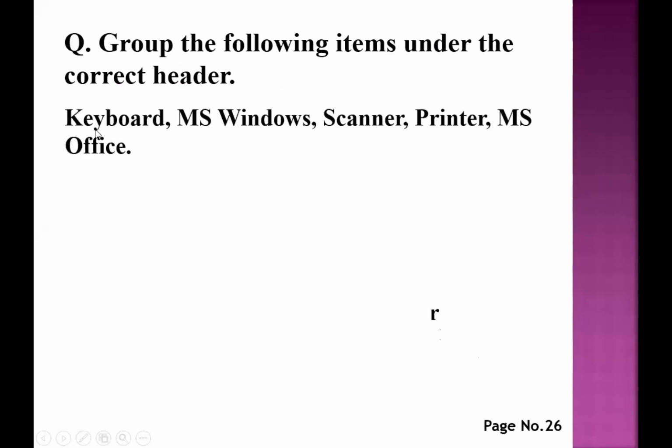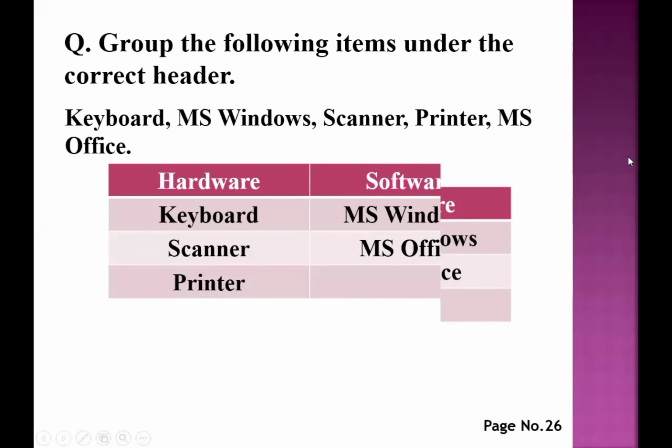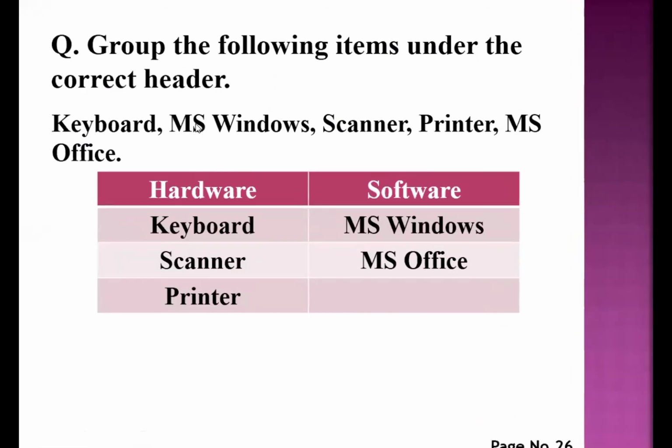Group the following items under the correct header. There are some hardware and software items: keyboard, MS Windows, scanner, printer, MS Office. You write hardware devices in the hardware column and software names in the software column.